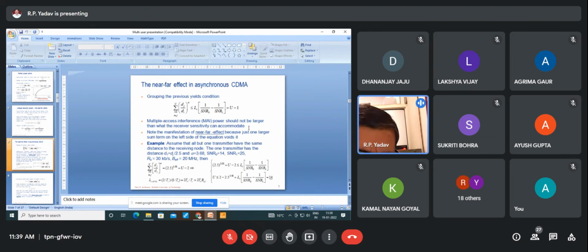It should not be larger than the receiver sensitivity. What does it mean? That means the receiver can handle it or cannot handle it. And remember, we are dealing with very low power systems, so even a little bit of interference may be problematic. Note the manifestation of the near far effect, because just one larger sum term on the left side of the equation voids it. Now, even a single user may be problematic.